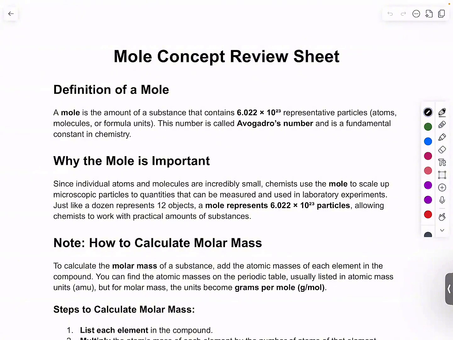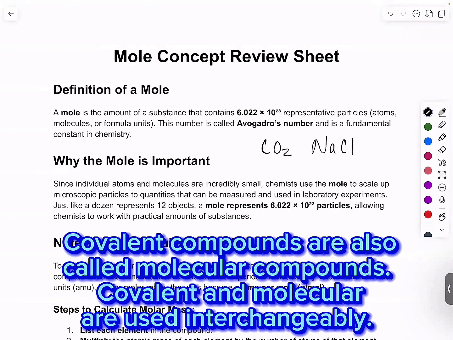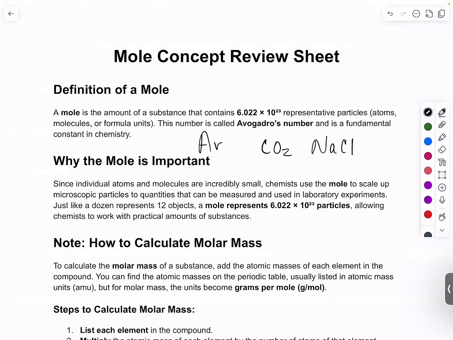Scientists agreed upon Avogadro's number, or the concept of a mole, stating that a mole of any substance, whether it's an element or a molecule like CO2, NaCl, anything molecular, ionic, or maybe just a pure gas like argon, is 6.022 times 10 to the 23rd.